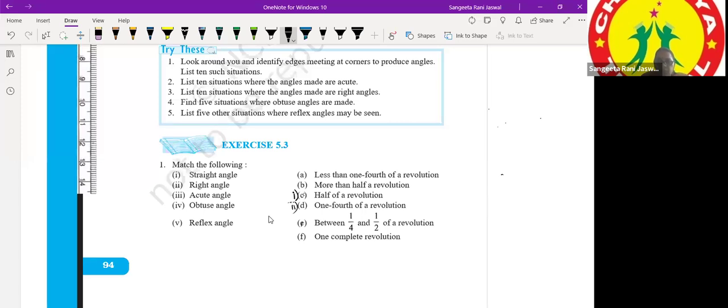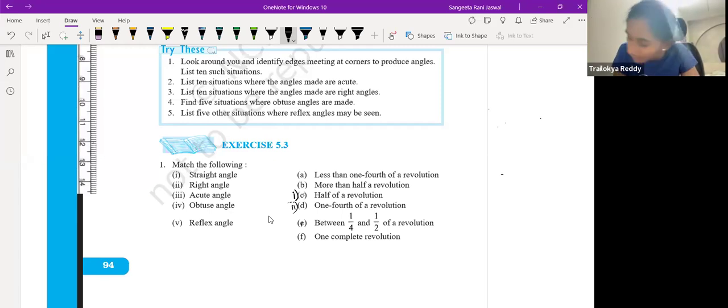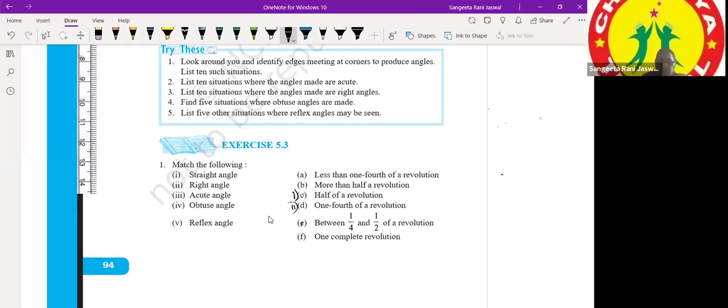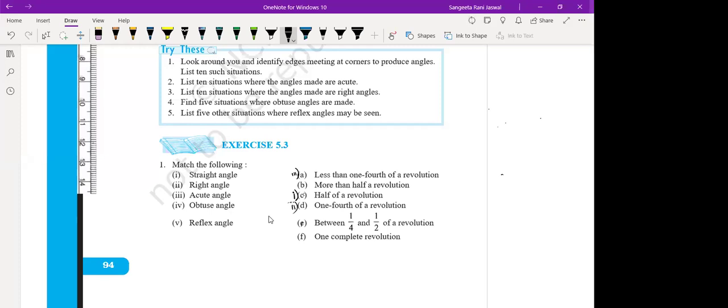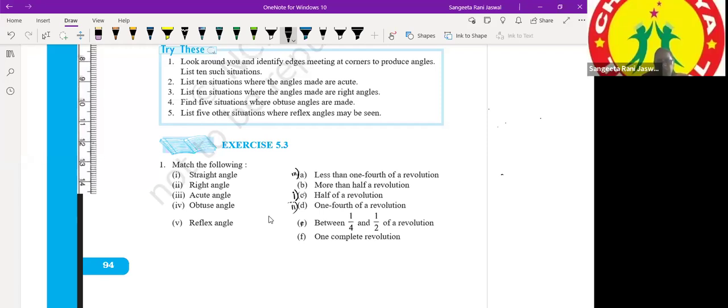Trilokya, tell me acute angle. Ma'am, an acute angle is less than 1/4 of a revolution. Yes, it's less than 1/4 of a revolution. So I'm marking it as 3. Neha, tell me obtuse angle. Ma'am, it's E, between 1/4 and half of a revolution. Very good. Between 1/4 and half of a revolution.